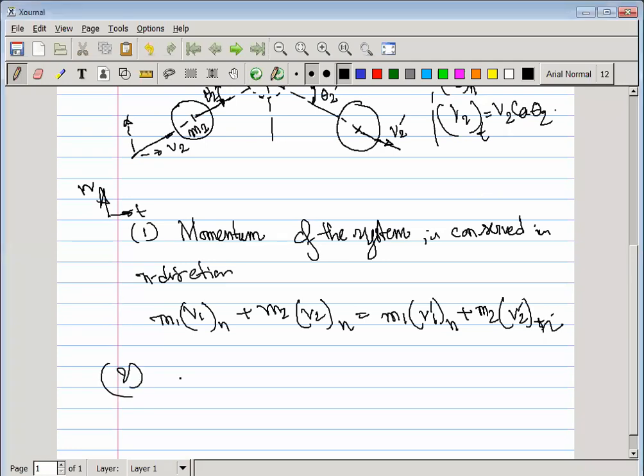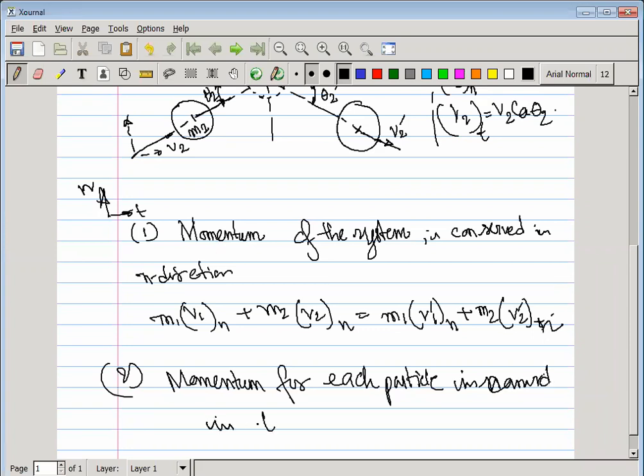Similarly, we have to write that the momentum of each particle is conserved in the t direction.